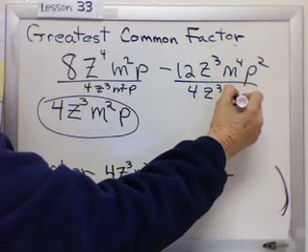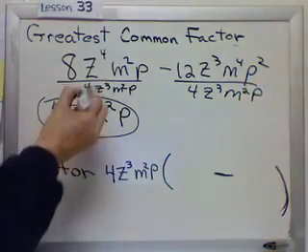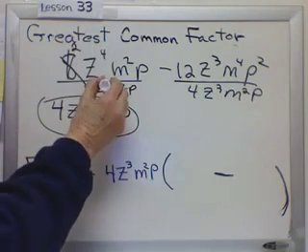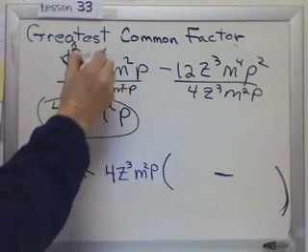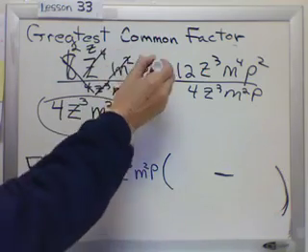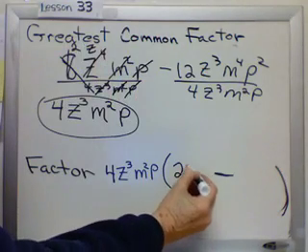Careful that you copy it correctly, because if you don't copy it right, you could make a mistake. All right, so 4 goes into 8 twice. Z, take 3 z's here, take 3 from here, leaves a z. Take the m squared, take the p. So I'm left here with 2z.